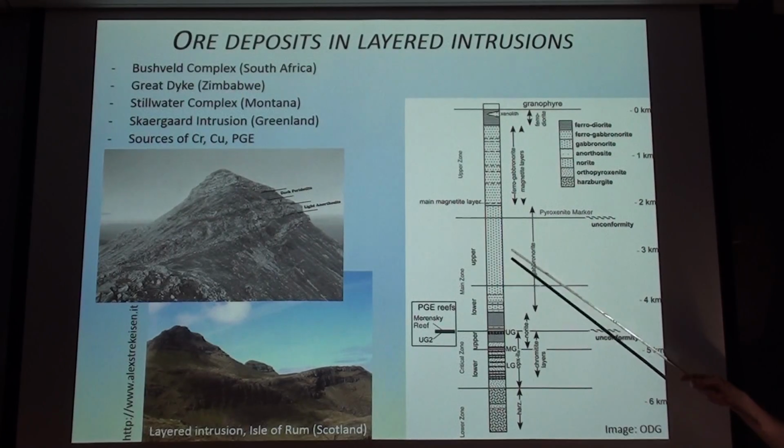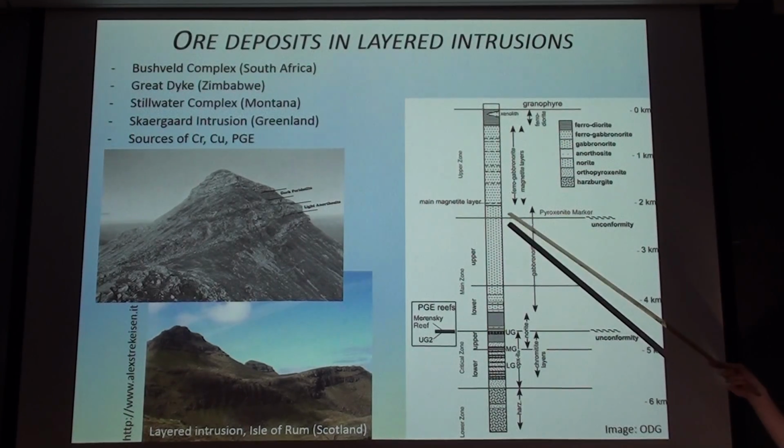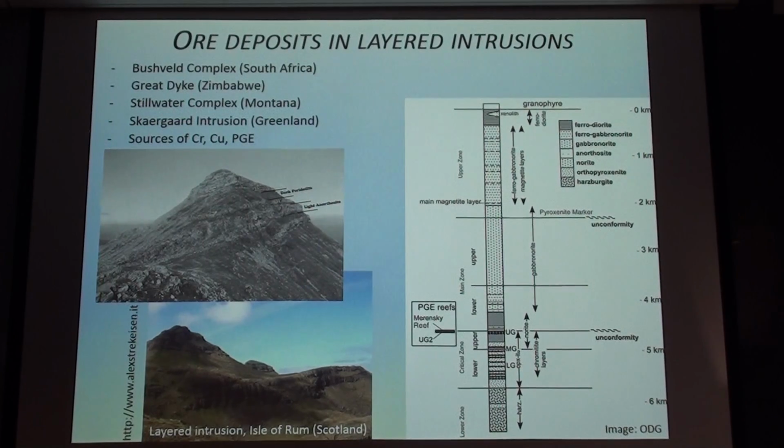Then we go further up where we start to have more evolved cumulates, some magnetite layers, ending with diorite and granophyre, which are very evolved quartz-feldspar residual melts.